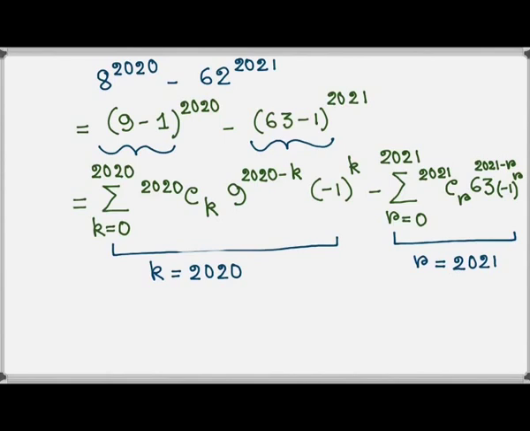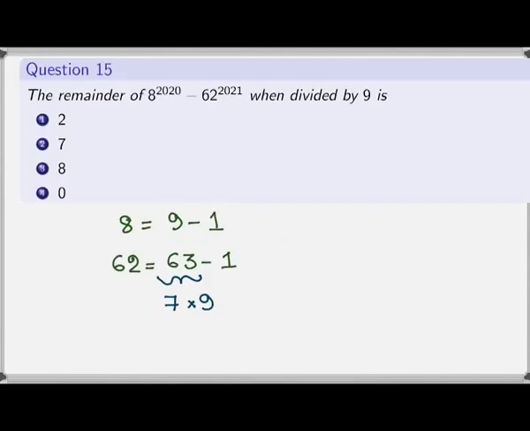So therefore the remainder is 2020 C 2020 minus 2021 C 2021 into minus 1, that is 2. Therefore we get that the first option is the correct answer here.